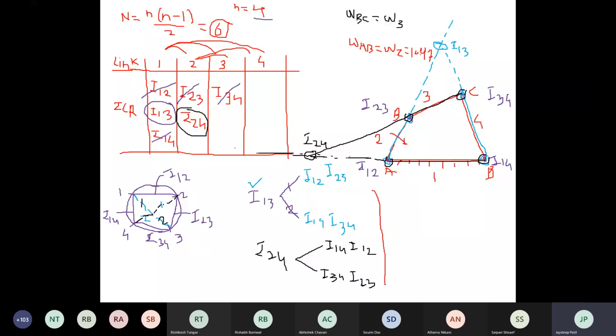Now in the previous lecture I have given the formula. What is the formula? Omega x upon omega y is equal to I1y Ixy upon I1x Ixy. Correct.